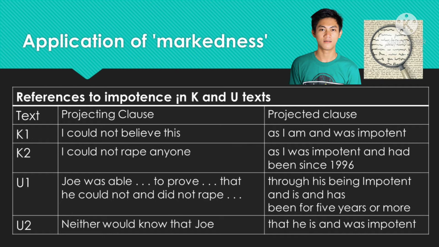For text U1, "Joe was able to prove that he could not and did not rape" is the projecting clause, while the projected clause is "through his being impotent and is and has been for 5 years or more." For U2, the projecting clause is "neither would know that Joe," and the projected clause is "that he is and was impotent."